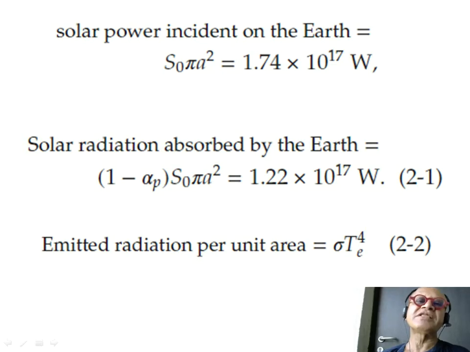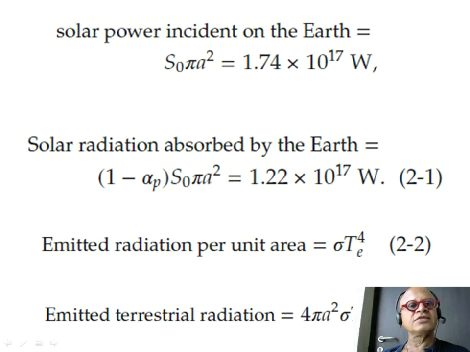A black body is something that has no ability to reflect, so it absorbs energy, and its emission depends on its temperature to the power of 4. So sigma, a constant, times Te to the 4th. Te is the effective emission temperature. Okay, so that's black body radiation, or the Stefan-Boltzmann law.